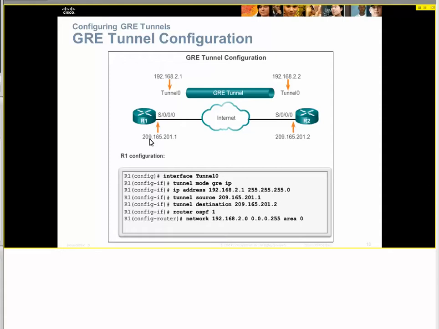Question, but does it require the subnet if you use the IP address of the source? No, you do not. If you use the IP address of the source, you don't need the subnet of the source, the public. Remember, public. The private network is a virtualization.